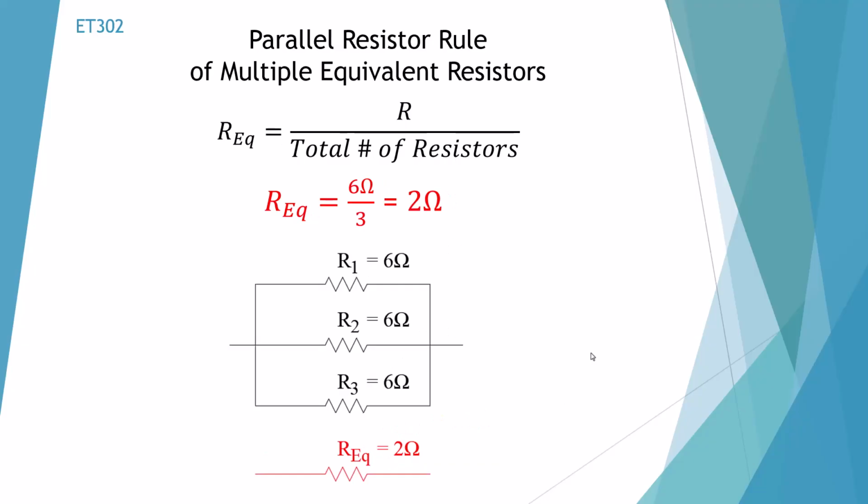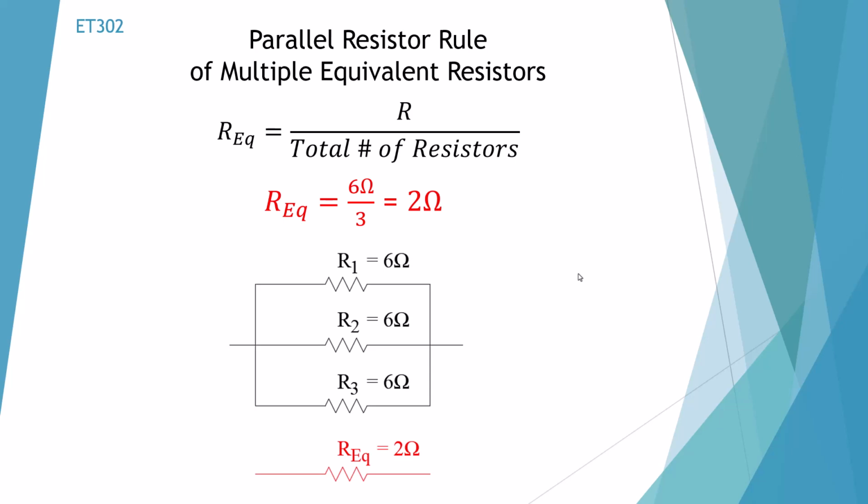Here's the same rule with another example. We have 3 6 ohm resistors, and 6 ohms divided by 3 is 2 ohms, so our equivalent resistance is 2 ohms.